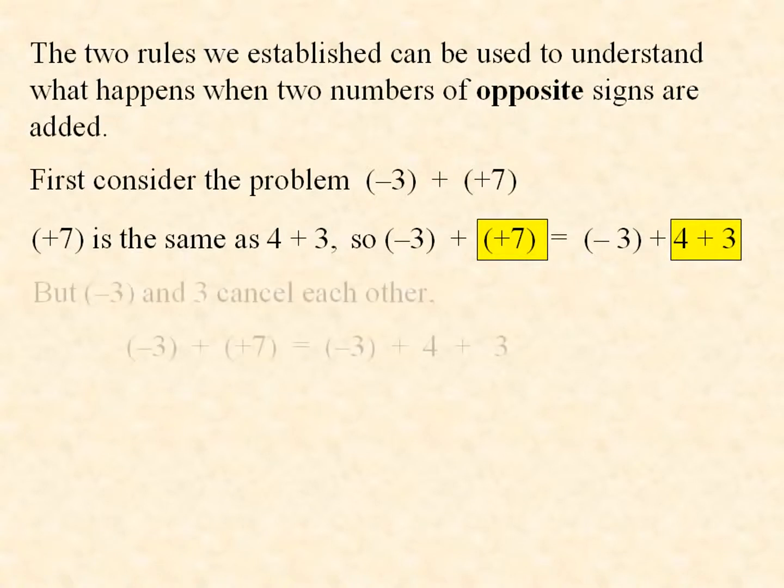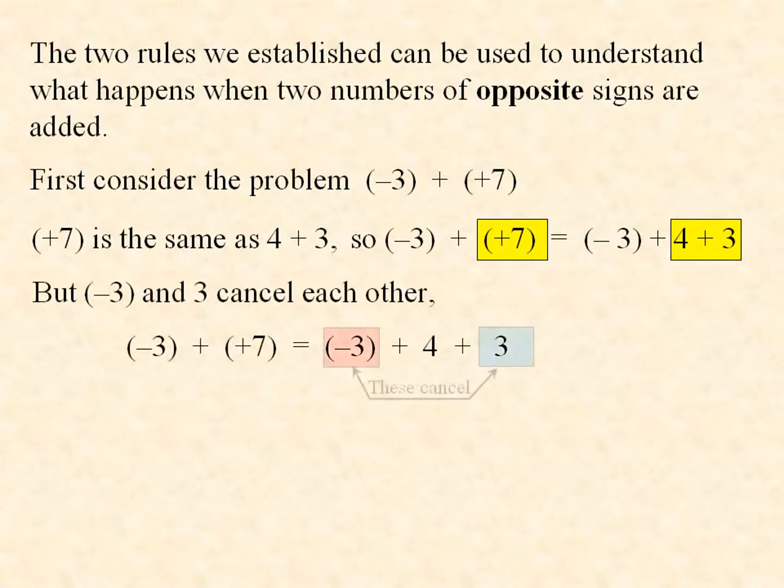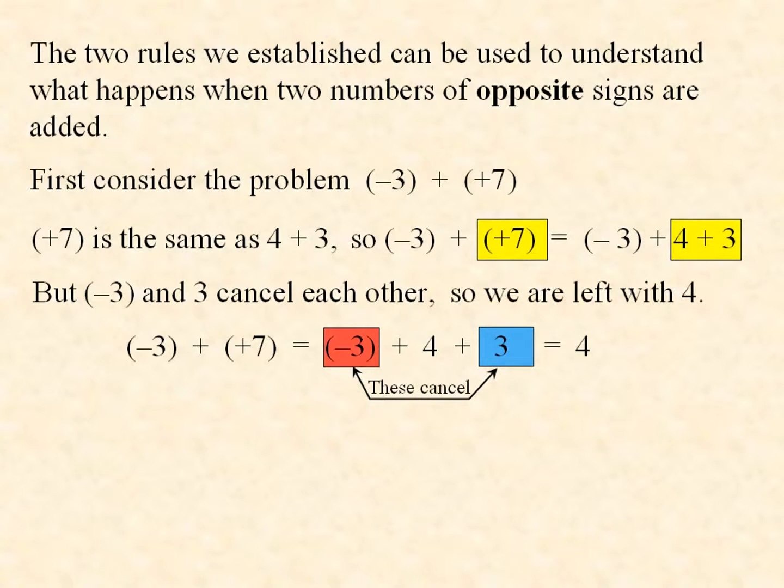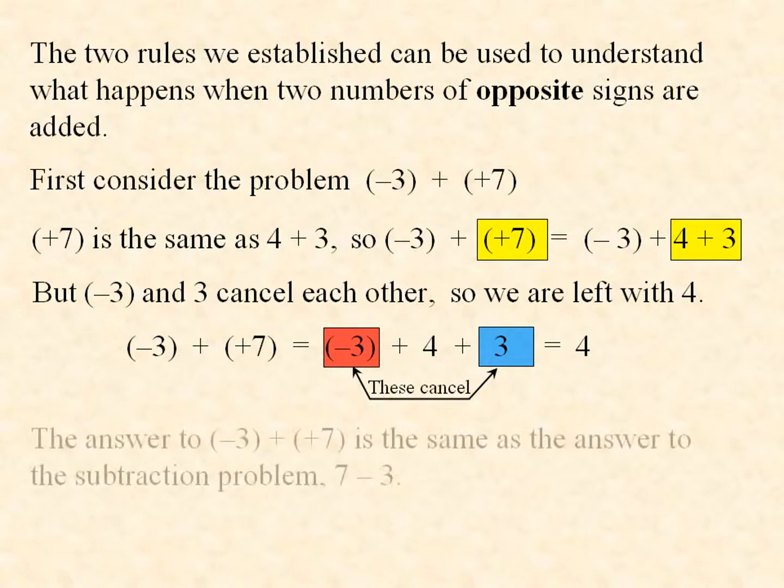But negative 3 and 3 cancel each other, so we are left with 4. The answer to negative 3 plus positive 7 is the same as the answer to the subtraction problem 7 minus 3.